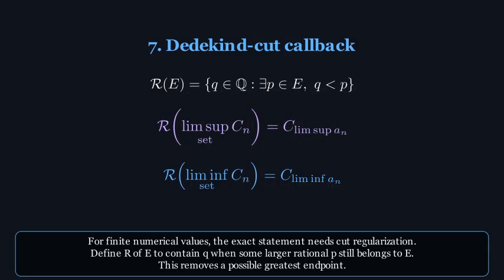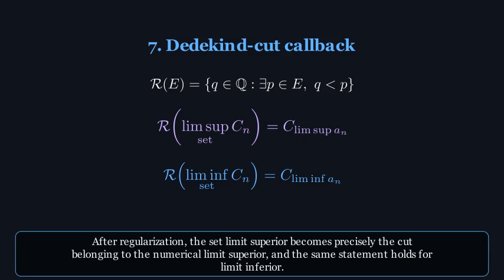For finite numerical values, the exact statement needs cut regularization. Define R of E to contain q when some larger rational p still belongs to E. This removes a possible greatest endpoint. After regularization, the set limit superior becomes precisely the cut belonging to the numerical limit superior.